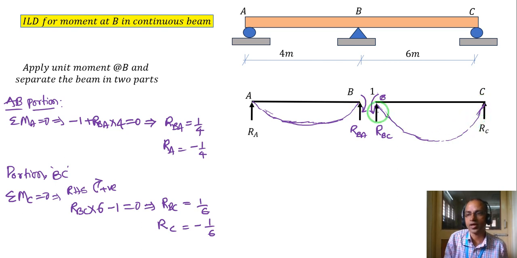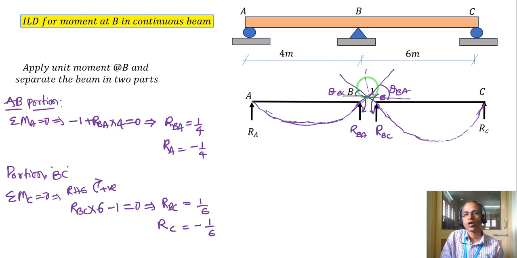Now if I try to take the tangent, it goes something like this, right? So these are theta BA and theta BC. So the total included angle will be my theta BB.